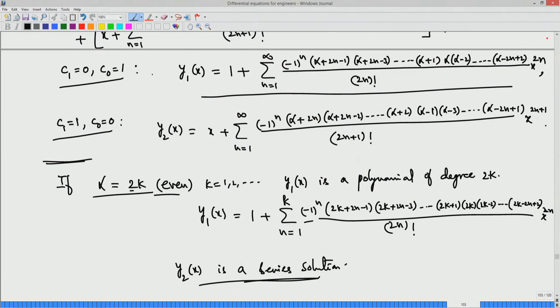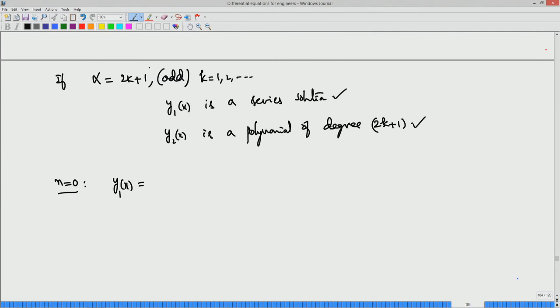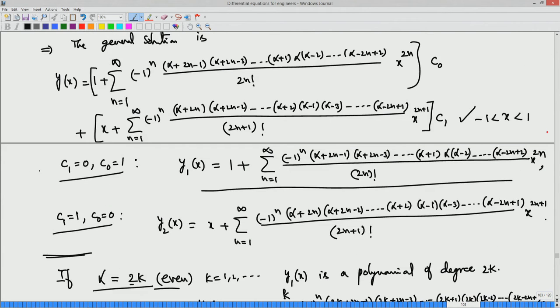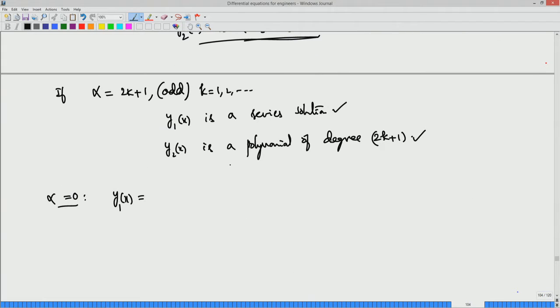What happens when alpha equal to 0, let us say? Let us take alpha equal to 0. So, you have a solution that is 1, right. When alpha equal to 0, that corresponds to n equal to 0. So, what you get is y1 of x is 1.